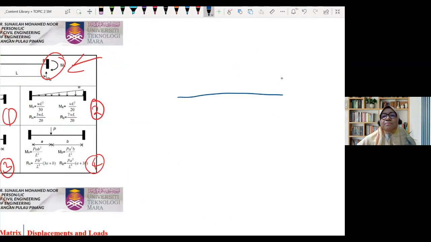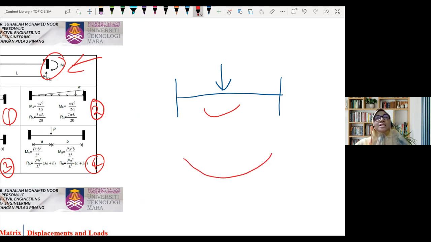When we have a beam and we apply load, what happens? It will bend due to the loading on top of it. So what is the function of the fixed end action or fixed end moment? To balance back.